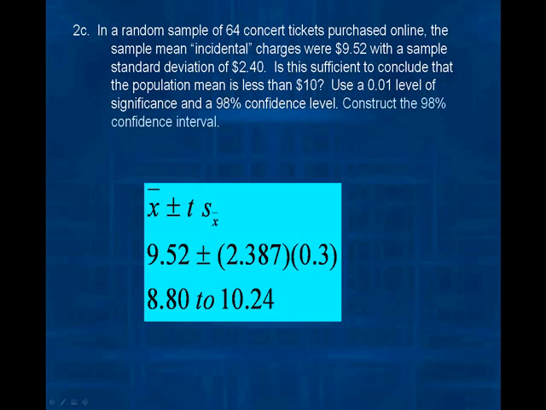So this is the same thing we used as the critical value. Look under 98% confidence and 63 degrees of freedom on your t-table, and you'll get the 2.387. Quite a few people on this one put the 1.6 that they had calculated in the first part, but this is from the t-table. Anyway, there's our calculation, 8.8 to 10.24.